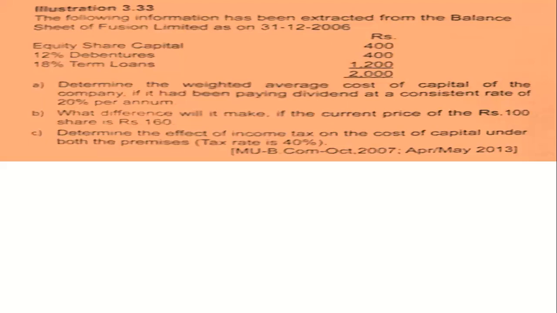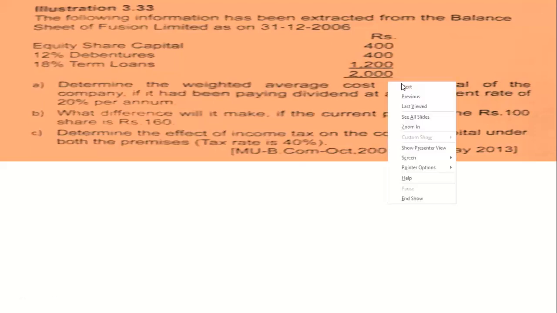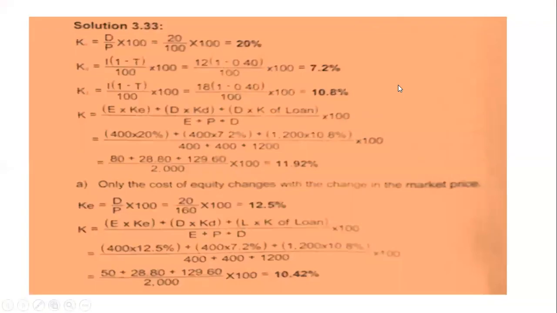Let us see that first. Now here first, cost of equity, the formula is D divided by P, that means the dividend divided by P value, that is market value, into 100. We'll be getting the cost of equity. Now here dividend paid will be at the rate of 20% per annum.